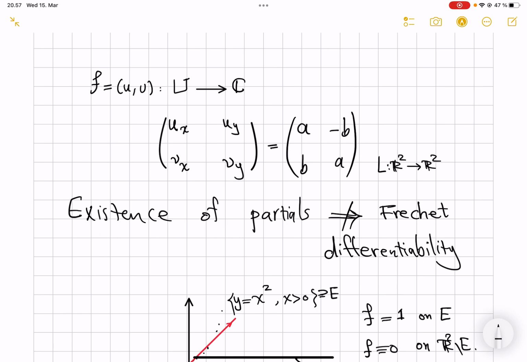And these matrices are exactly those linear maps that are complex linear. That means they are of the form, in the complex notation, this linear map sends a vector z to w times z, where w is a fixed complex number. And when you have the derivative that is C-linear, it exactly implies that the function is complex differentiable.